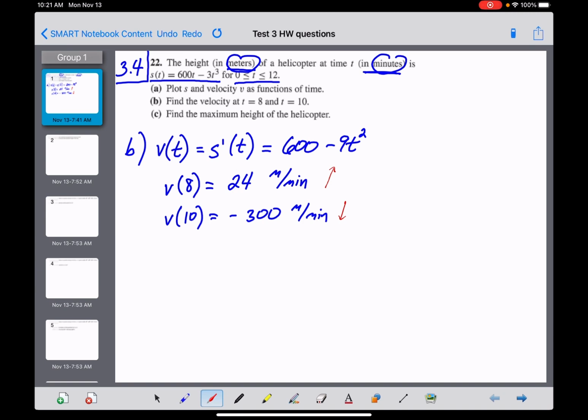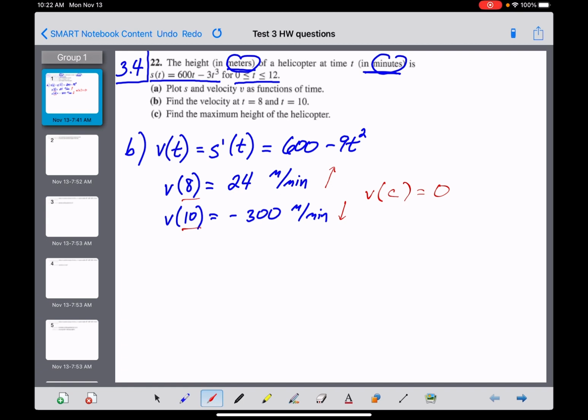Now that means, if I know what I think I know about the intermediate value theorem, that this object right here, if it was rising at 8 minutes and then falling at 10 minutes, its velocity had to equal 0 for some value of time in between 8 and 10. That's kind of what the intermediate value theorem would tell us right there.